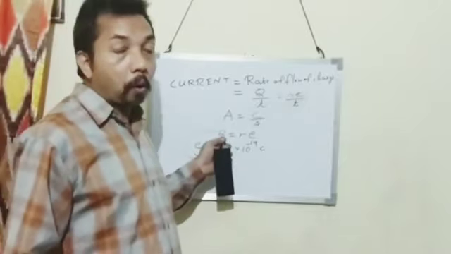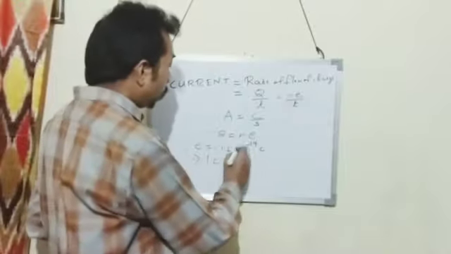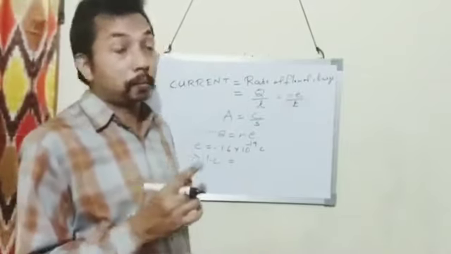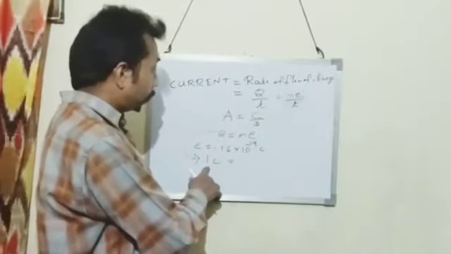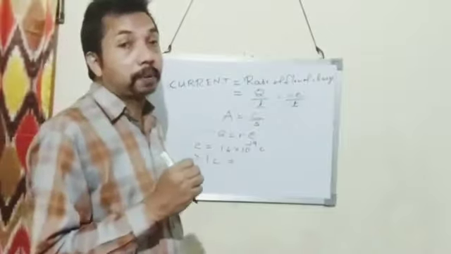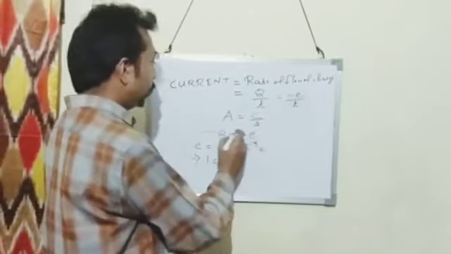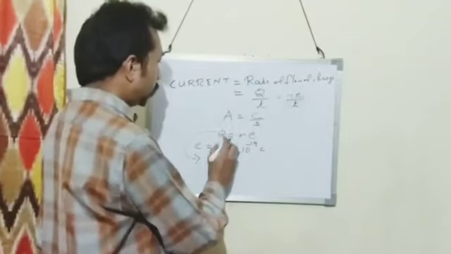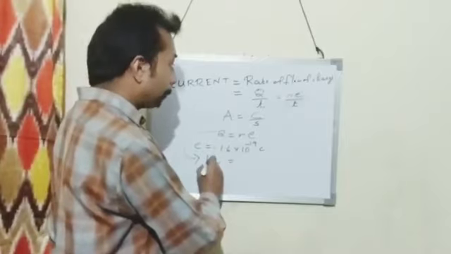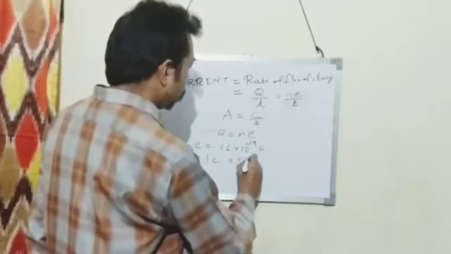Suppose a charge of 1 coulomb flows through a conductor, then how many electrons are flowing? So we write this formula: Q is equal to N into E. In the place of Q we write 1 coulomb, and N we have to find out.